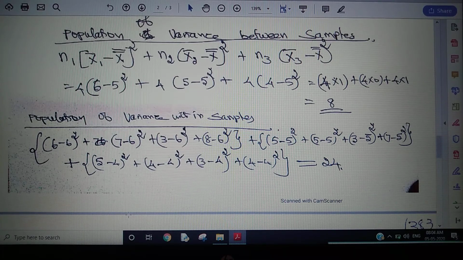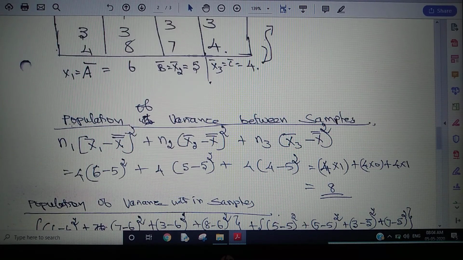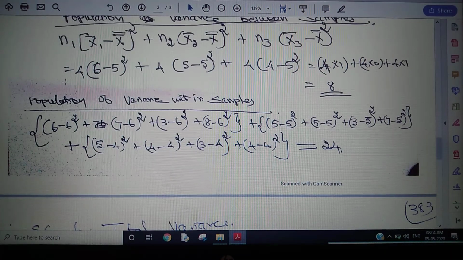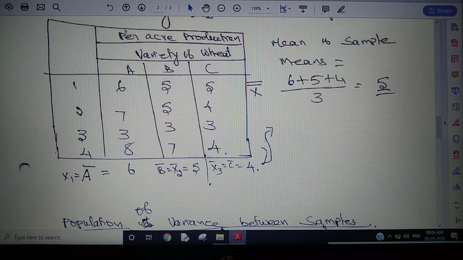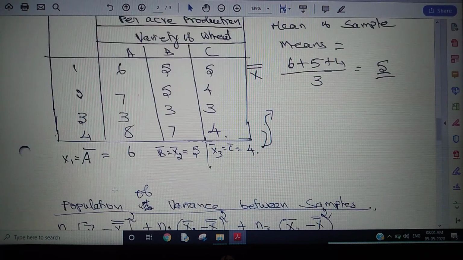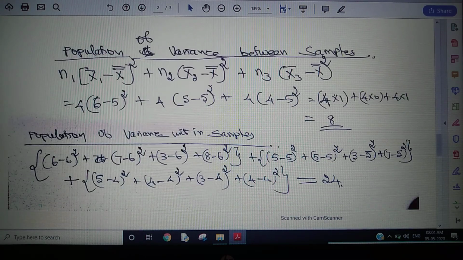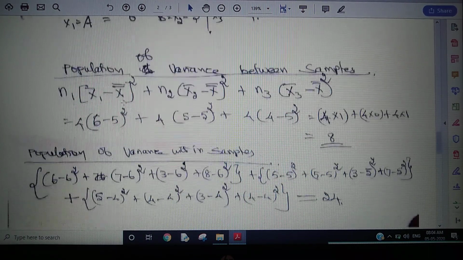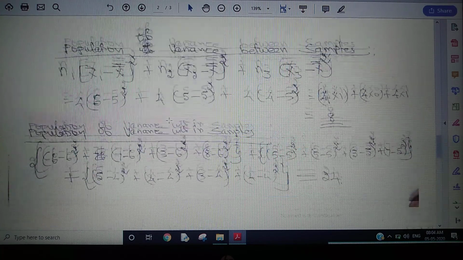Now the population variance within samples: x1 minus x1 bar whole squared. x1 is 6, x1 bar is 6, then x2 is 7 minus 6, x3 is 7, and x1 bar is 6.